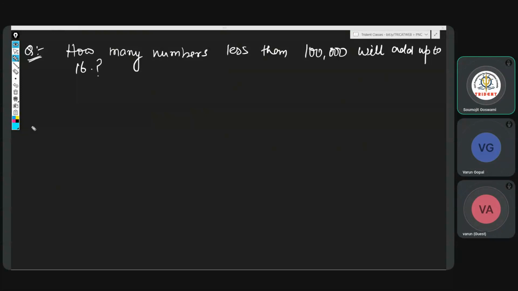First of all, 100,000, how many digits are there? 6. Yes. So less than that will have how many digits? 5 digits. So this is going to be A, B, C, D, E. They will have to add up to 16.